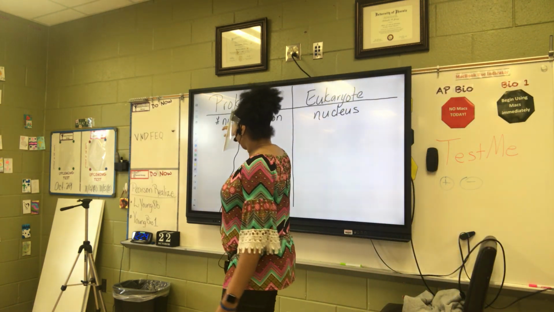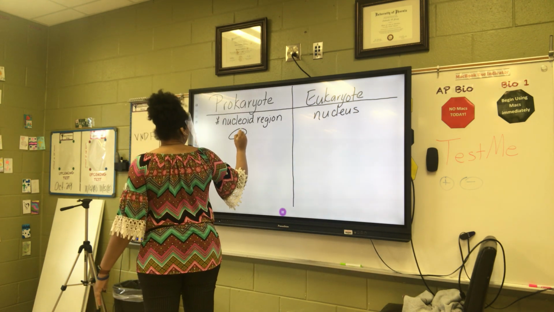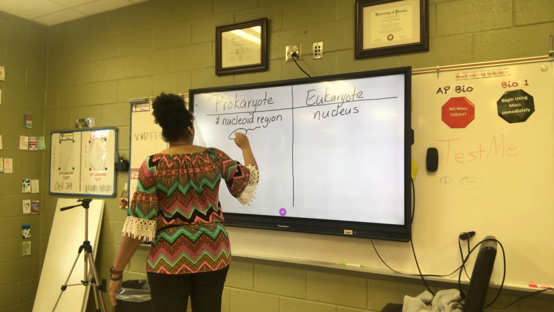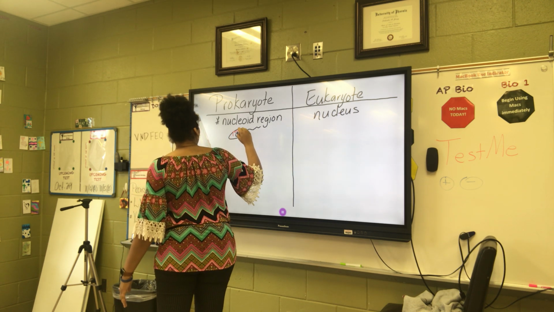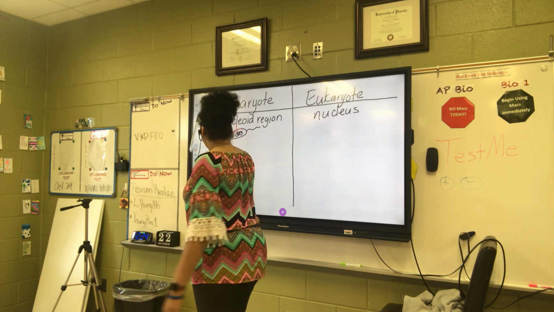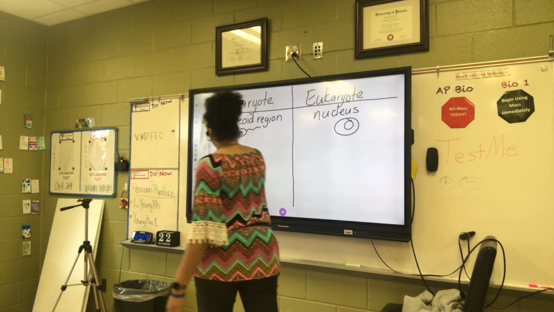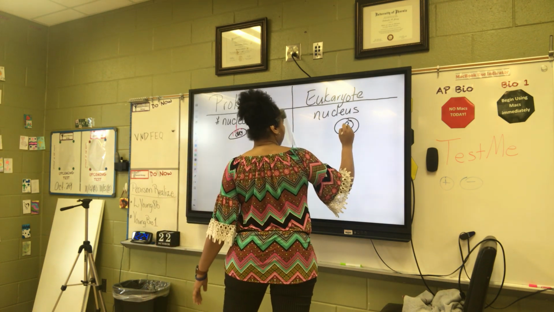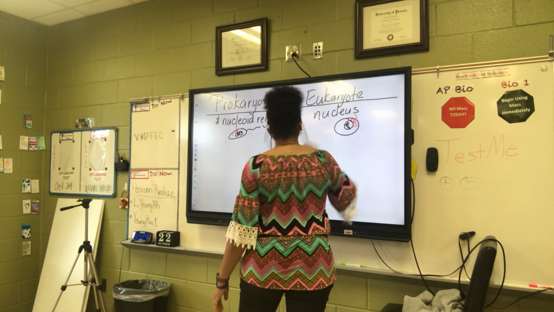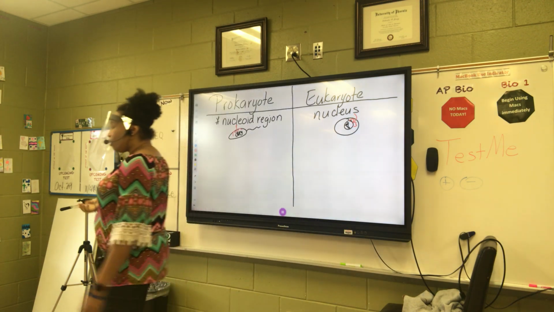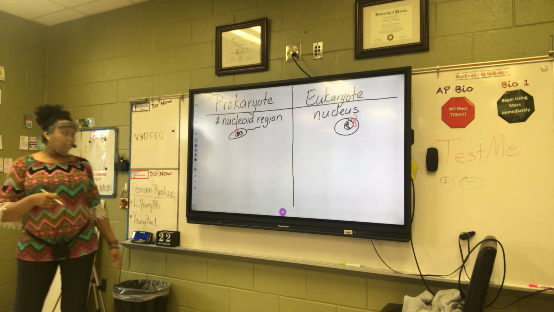A nucleoid region is just where the DNA is lying in the cytoplasm. So this would be a nucleoid region, but this would be a nucleus. A nucleus is actually separating the DNA from the cytoplasm.